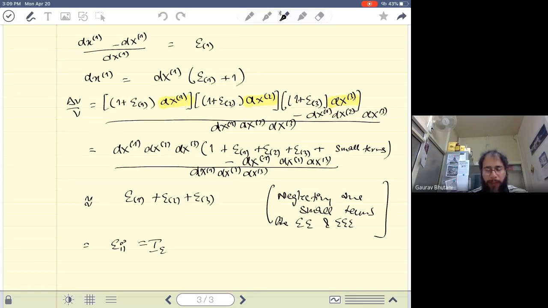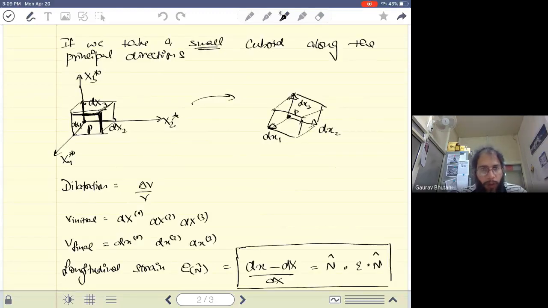So sometimes people get confused about why we take the cube that we started with in the principal directions, as I showed in the previous slide, and why the dimensions were small. The reason is that to be able to apply this analysis, we can only talk about information which is close to point P, because epsilon is defined at point P. So if the cube was large, that is, instead of having d capital X1, d capital X2, d capital X3 you had large dimensions, then you could not use the epsilon value around point P. You will have to integrate the information.